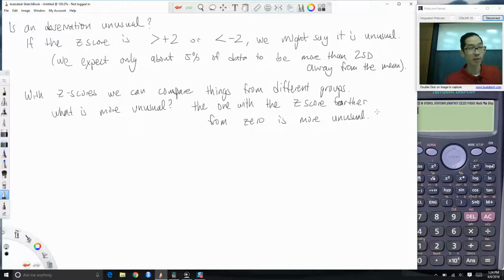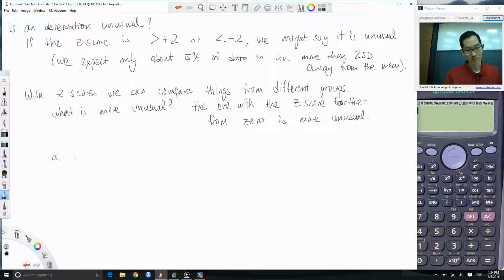So if you have a z-score of -6 versus a z-score of +5, you'd say the z-score of -6 is more unusual. A z-score of -6 would be absolutely ridiculous anyway. That's like 1 in a million. So what's more unusual?